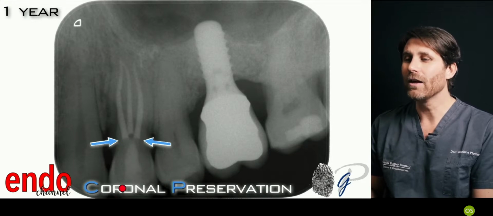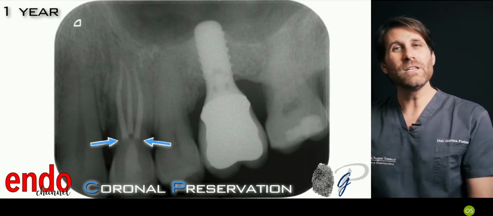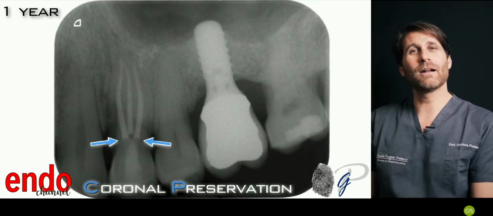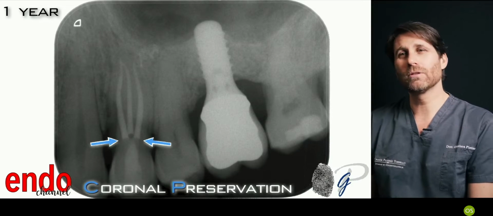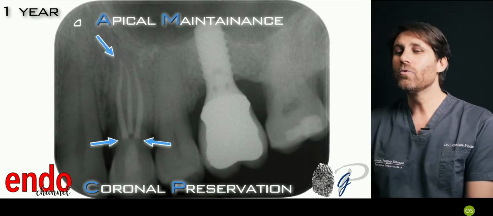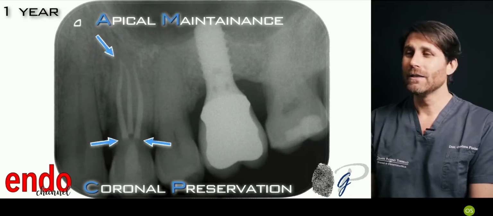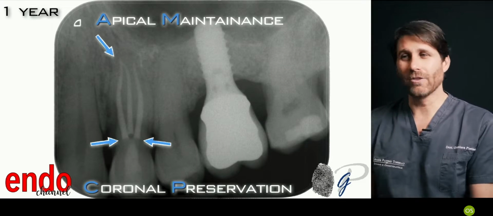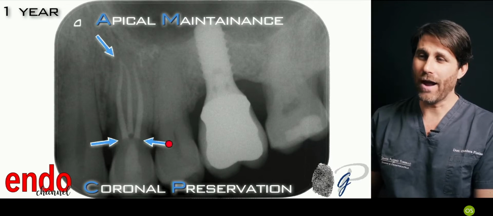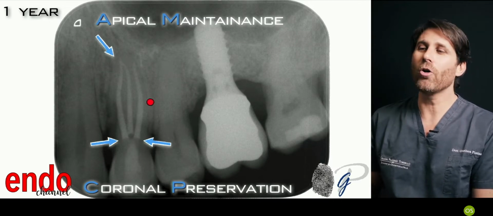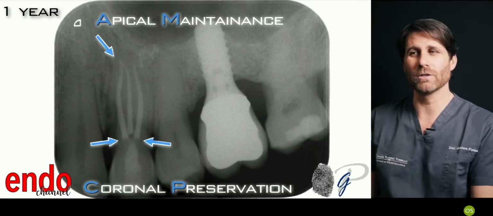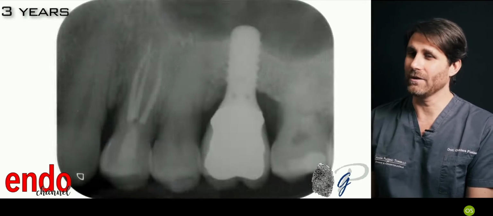Then you can bevel coronally to increase visibility through a more opened access cavity, to increase the light transmission inside the access cavity, to have better visibility there. And then you must use instruments made for this purpose, made for these anatomies, that not only can maintain the coronal structure, but also can follow three-dimensionally the root canal anatomy and maintain the apical curvatures, which is very important to the final result.